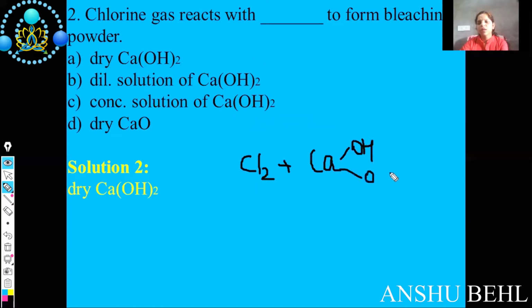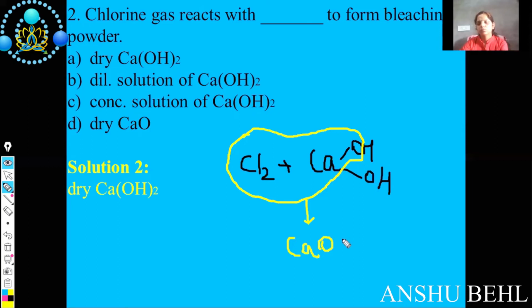When it reacts with calcium hydroxide, it forms CaOCl2, calcium oxychloride, along with water, H2O. Calcium oxychloride is the formula of bleaching powder. So the right answer is calcium hydroxide.